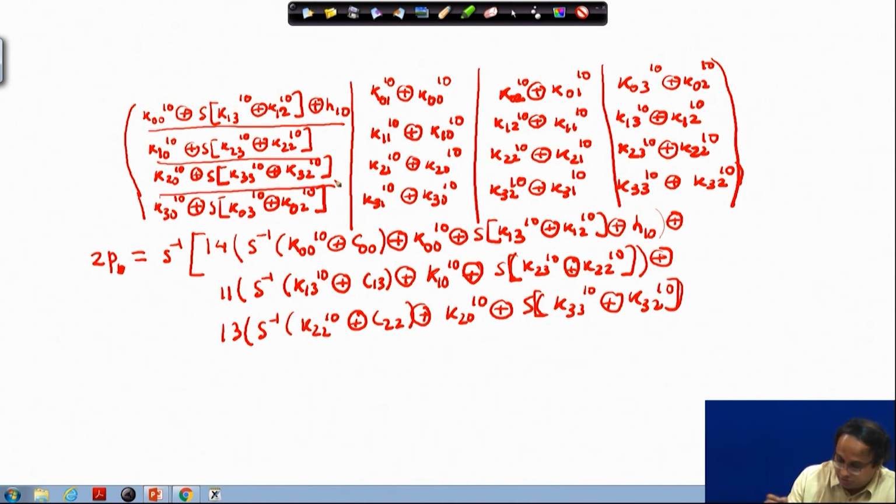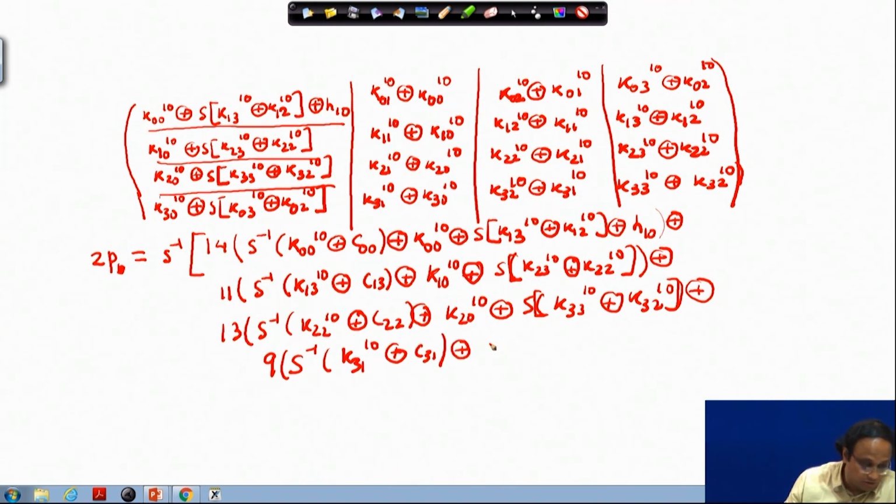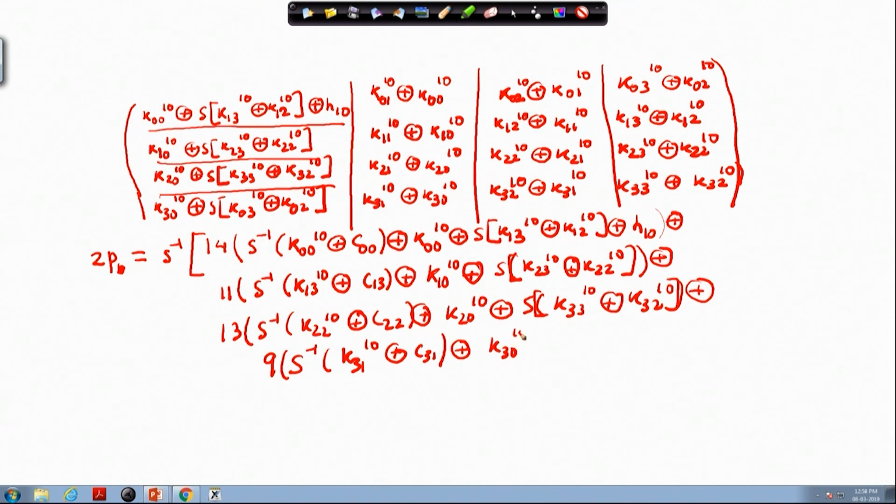That is essentially this part of the key, XORed with 14 11 13, and then finally 9. So you have got S inverse of K31 10 XORed with C31 XORed with K30 10, again this part of the key, K30 10 XORed with S of K03 10 XORed with K02 10.